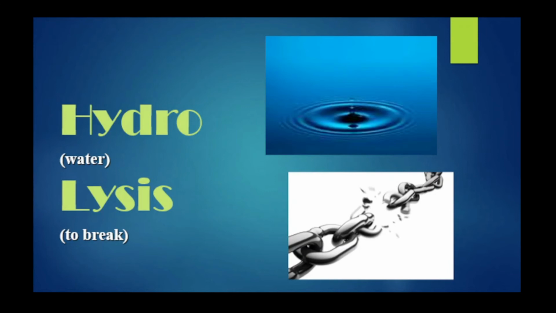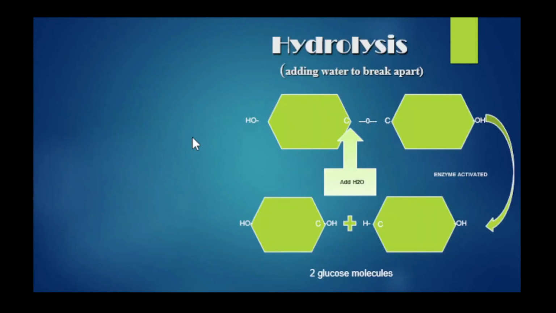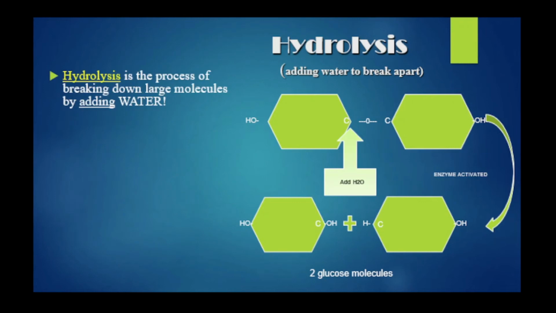Next, continue. In this illustration, you will see that hydrolysis is the process of breaking down large molecules by adding water. As you can see, kadalasan nagbabond yung water sa carbon. Same with dehydration, nagre-remove siya coming from the bond of carbon. In this one, we are able to create a product through the process of catalysis or enzyme activation.